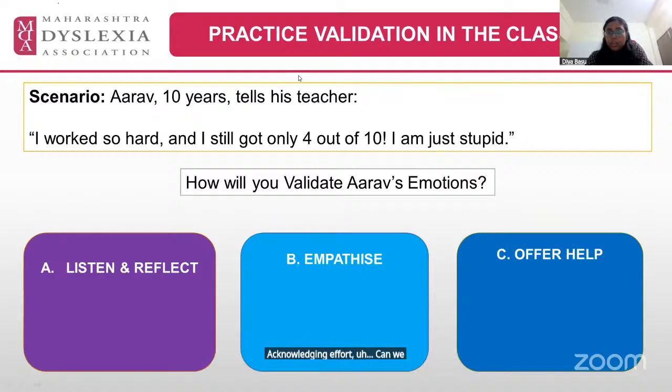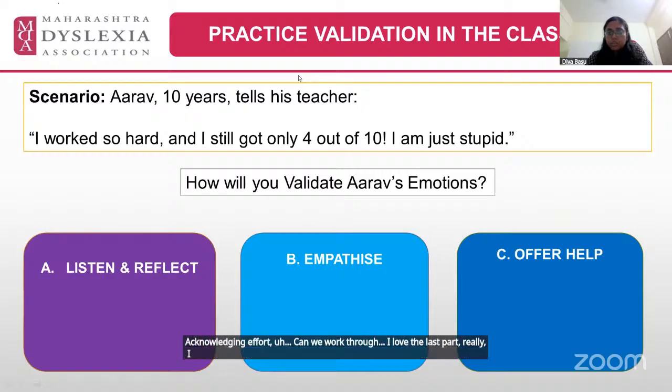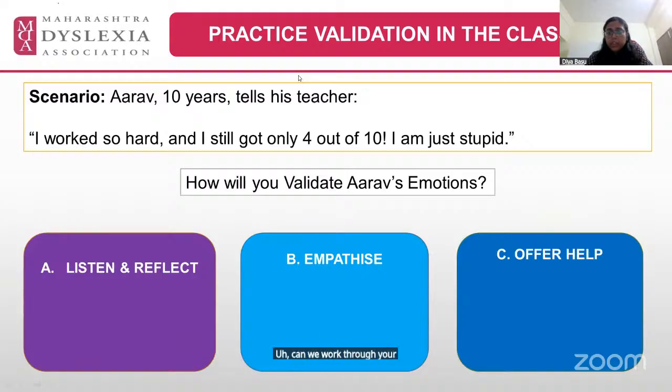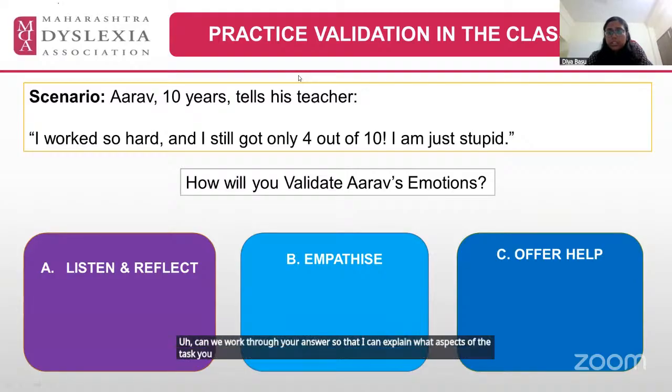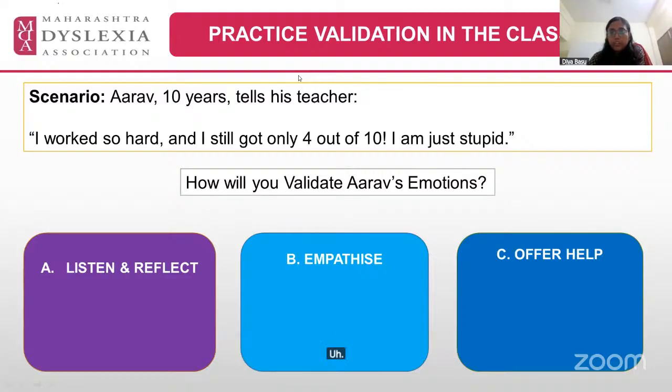Can we work through your answers so that I can explain what aspects of the task you answered differently? Very nice. So now you're offering help. I love the last part really, Pete. I like the other part too. So fantastic. I think Shubhronil and Pete, you're really on point over here. I think you have got it.